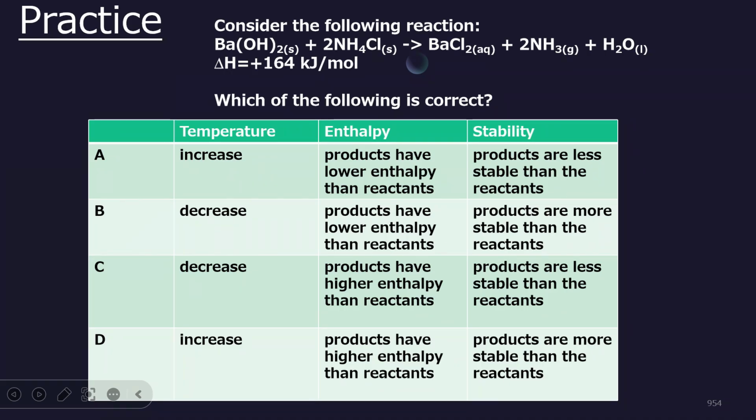Stability then, are products less or more stable than the reactants? Our products are going to be higher up on the energy scale. Higher energy is less stable, always in chemistry and science. So we can say the answer to this will be C. Endothermic, decrease in temperature that we measure, products have higher enthalpy, products are less stable.